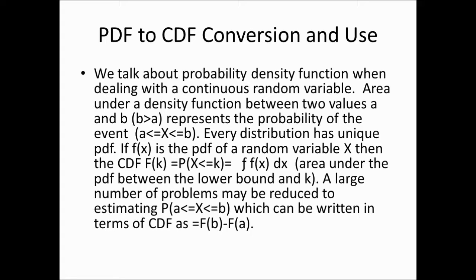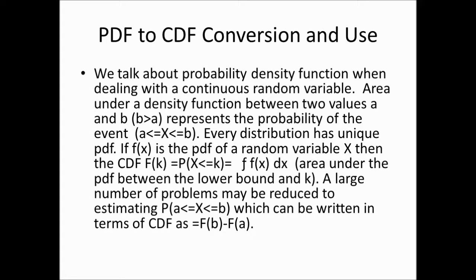If f(x) is the PDF of a random variable x, then the CDF, typically represented by capital F of k, is the probability x takes value less than or equal to k, or is equal to the area under the density function between the lower bound and that specific value k.